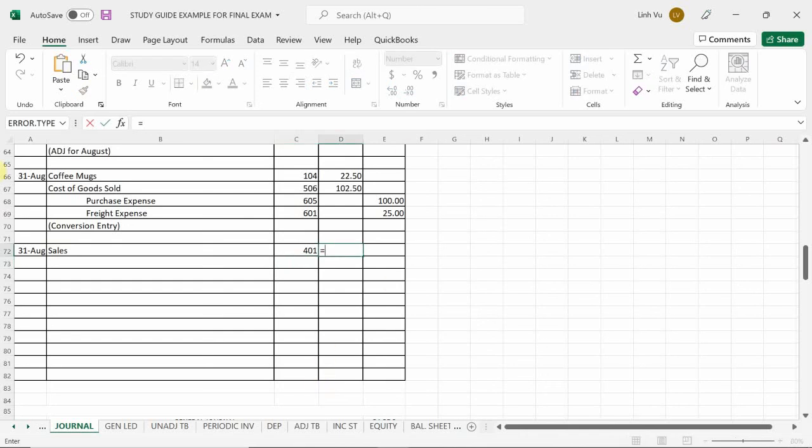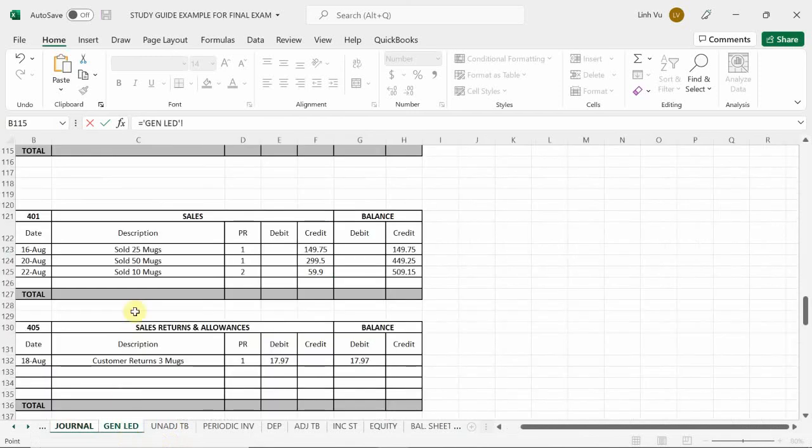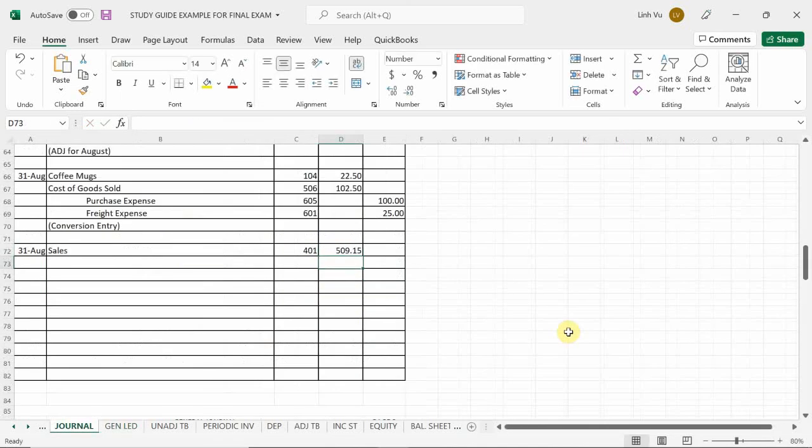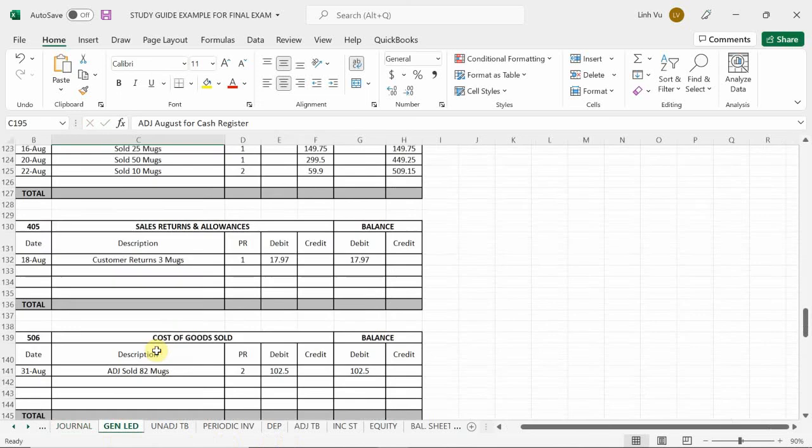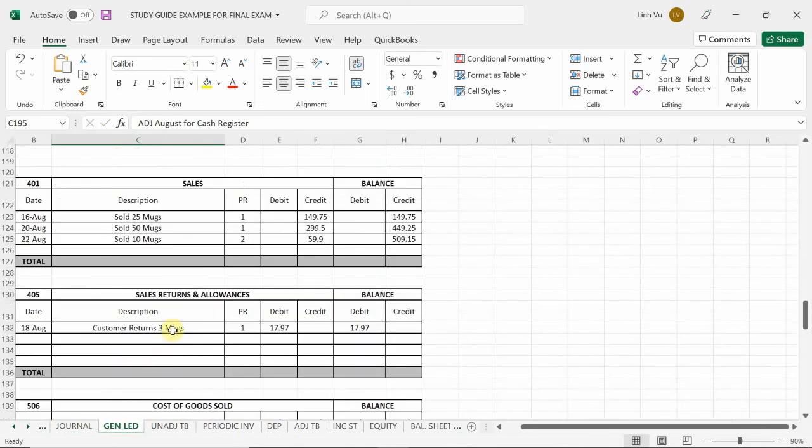How much is my total sales in my general ledger account? 509.15. Next account I have here is my sales returns and allowances, which is a contra account. So I need to credit this account. Okay.